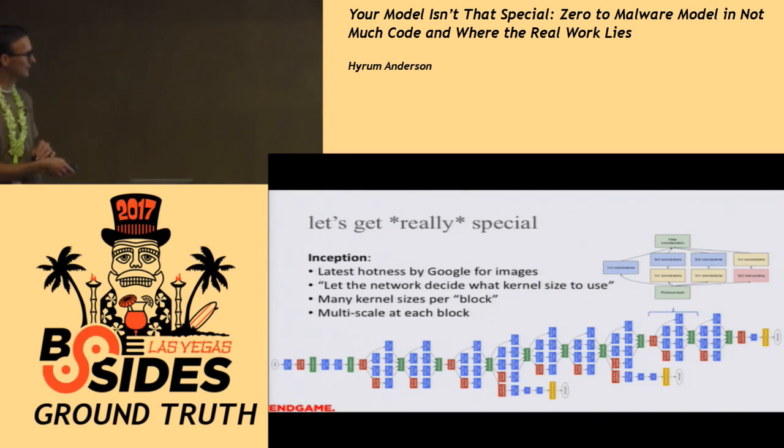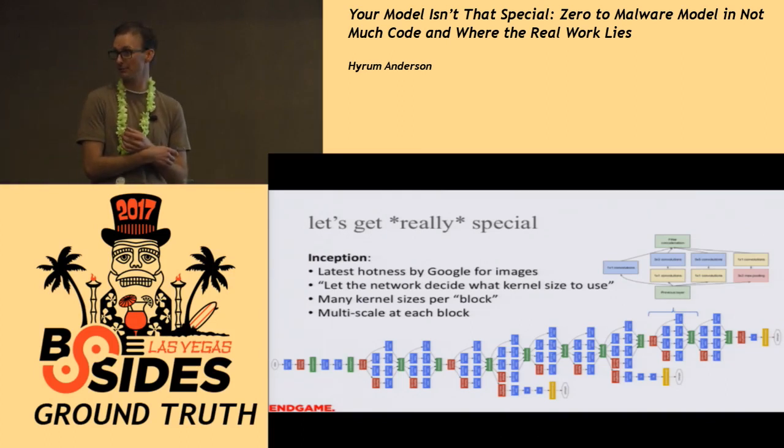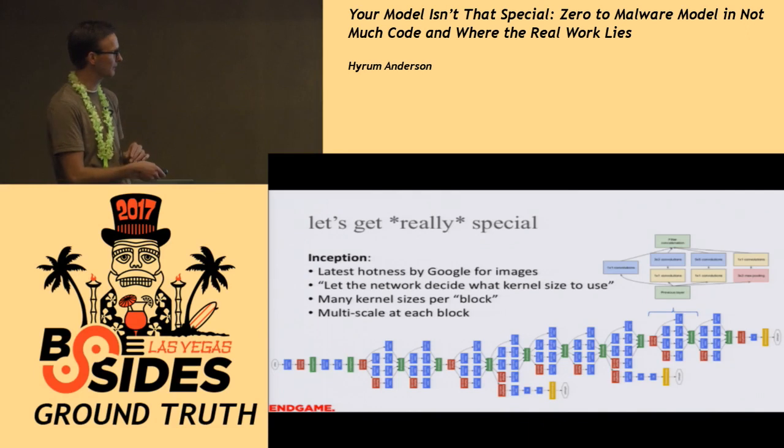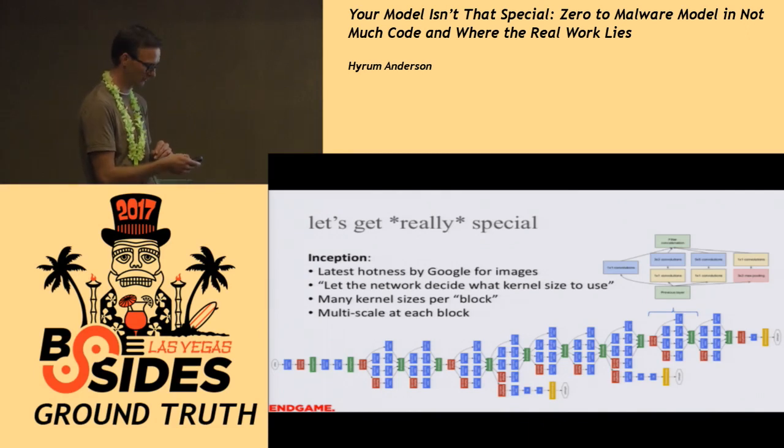If you were to give a slogan to the Inception Model, it would be: let's let the network decide what kernel size to use. For every input, we give it choices: want a 3x3 or a 5x5 or a 7x7? Let's do all those things and let the network decide which to use, or maybe blend them all together. That's the theme of the Inception Model, and that's really cool.